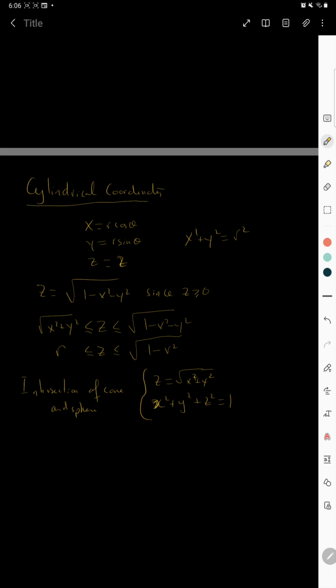What do we notice here? I mean, we could replace z by r, and this is r squared plus z squared equals 1. Of course, here r is positive.